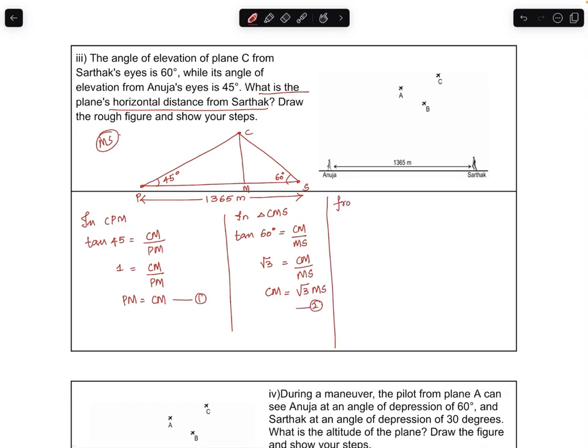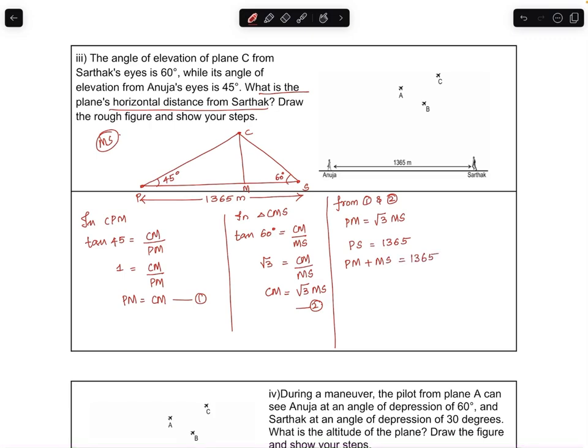From 1 and 2, PM is equal to root 3 times MS. The distance between Anuja and Sarthak, that is PS, is equal to 1365. PS can be written as PM plus MS, which is 1365.